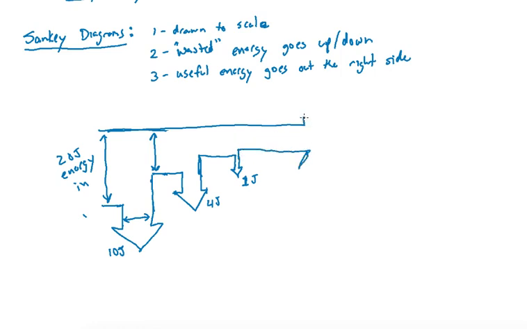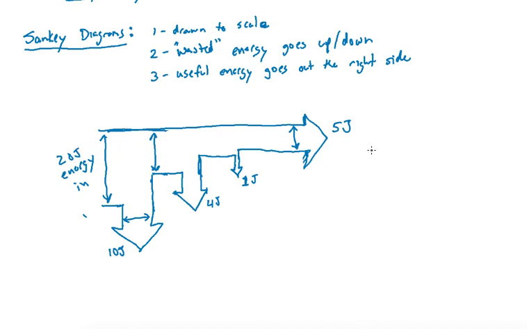And so coming out and being useful, we'd have just our 5 joules that we got from this, and we would then be able to tell how efficient this was. So you should be able to come along and measure this width here and compare it to this width here and say, all right, this tells me that I have 5 joules left, because I'd measure it back over and look on my vertical axis here.